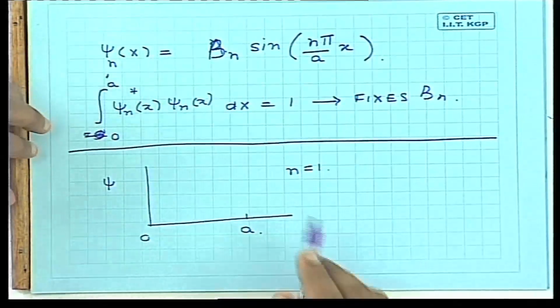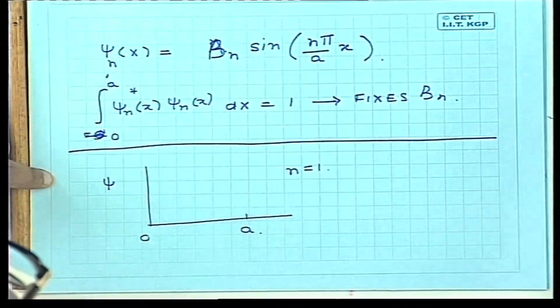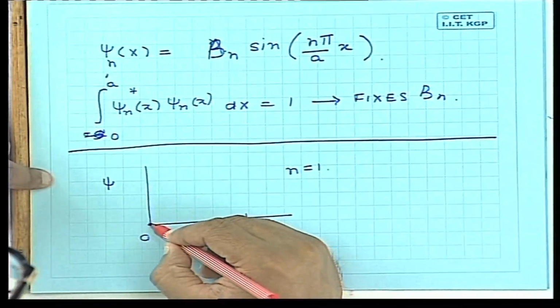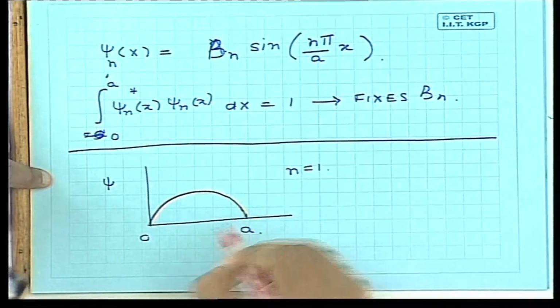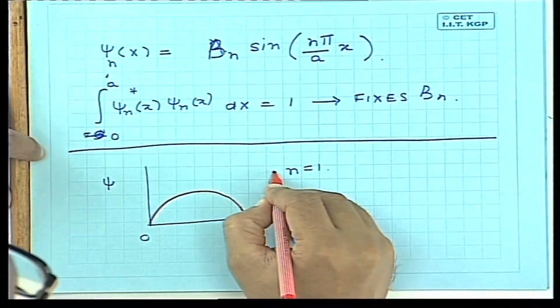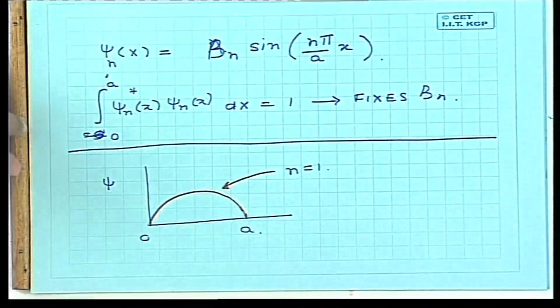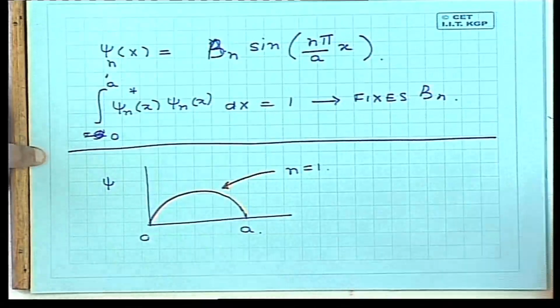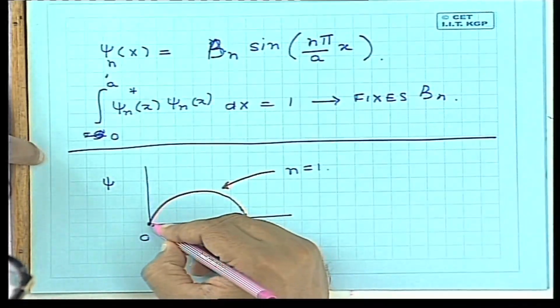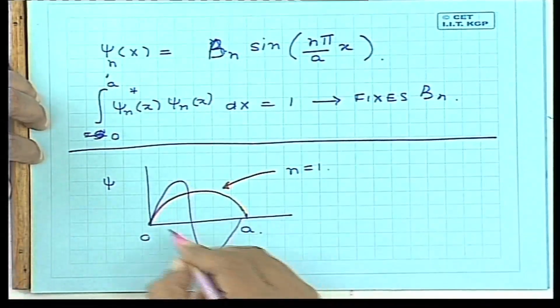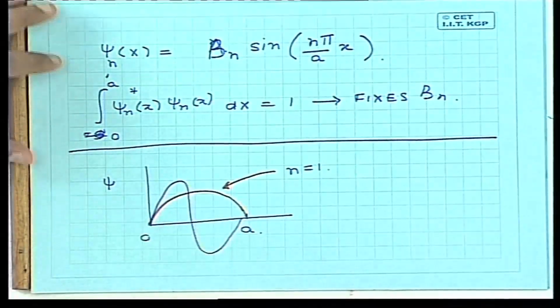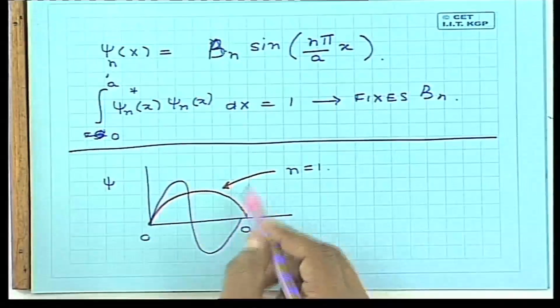N equal to 1 is just this. N equal to 2 will be, let me just draw it on a different scale. Okay, so this is n equal to 2. This is just the next harmonic.